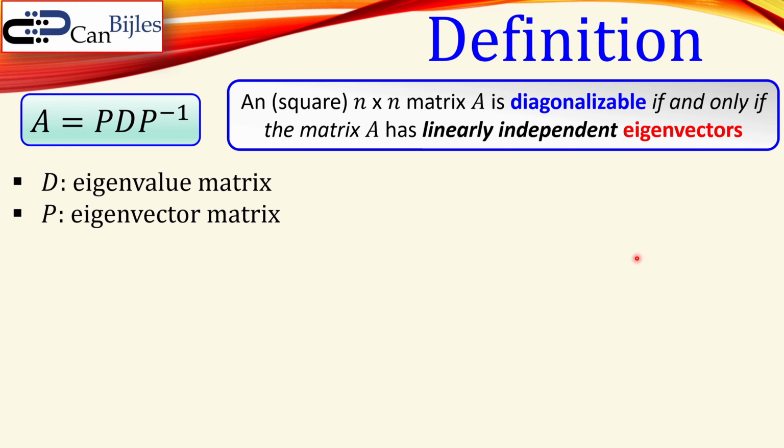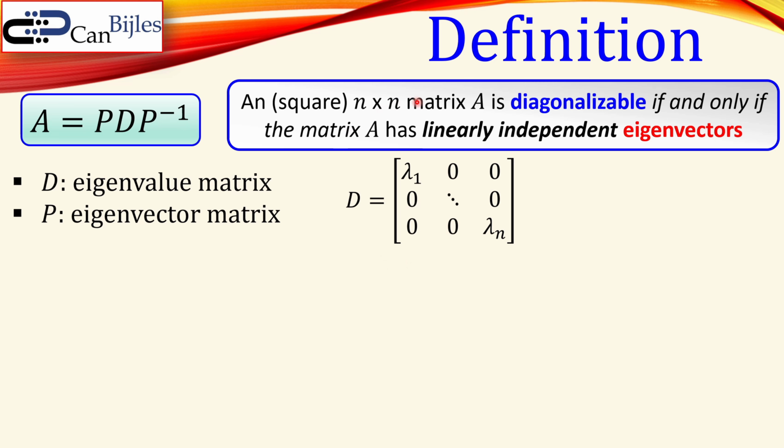Okay, so we have here the P, which is called the eigenvector matrix. We will develop that shortly in our example. And also the D, where we need the eigenvalues in order to have the eigenvalue matrix. So the D is in general given by this. You have the eigenvalues in the diagonal, and the rest of the elements of your D will be zeros.